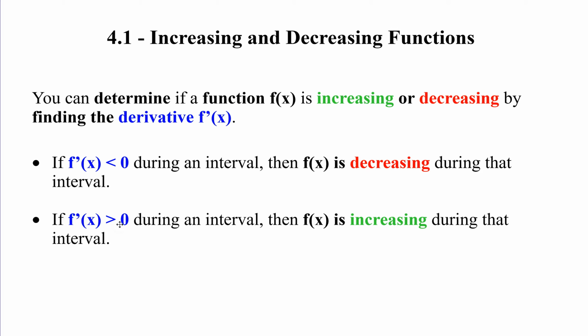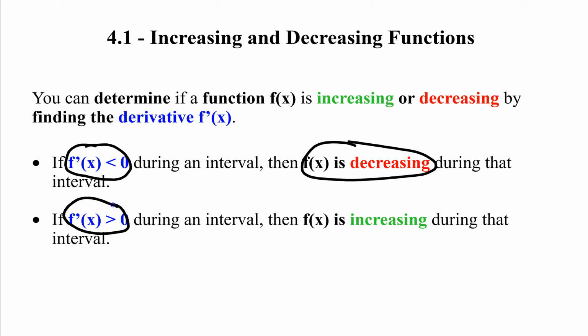If f prime of x is greater than 0, then f of x is increasing during that interval. So when f prime of x is negative, we have f of x decreasing, and when f prime is positive, we have f of x increasing.